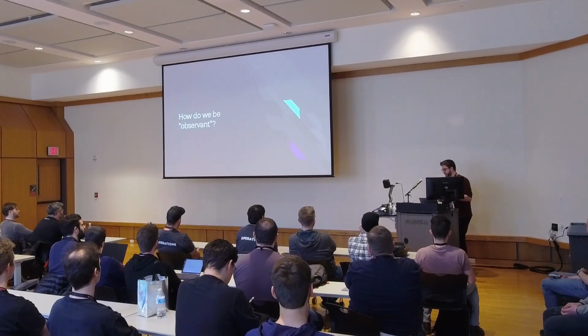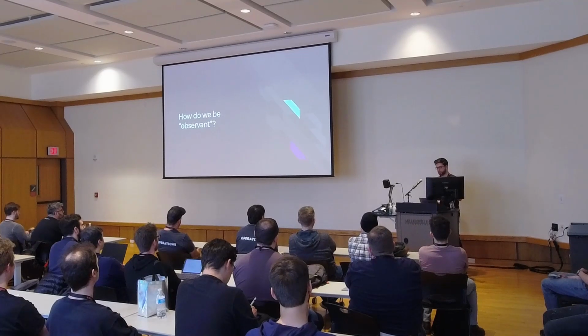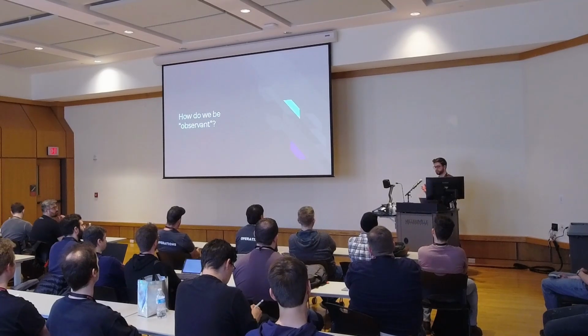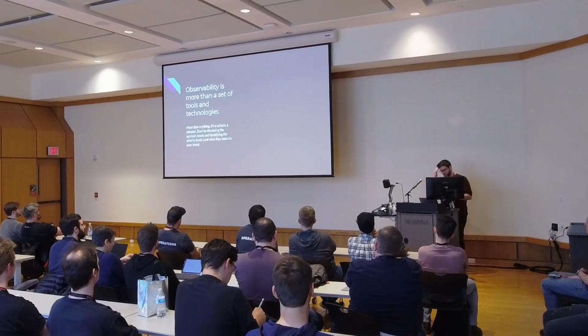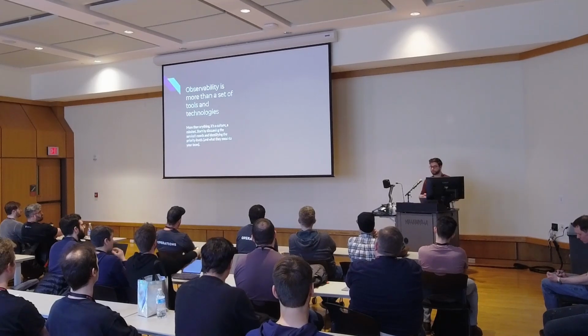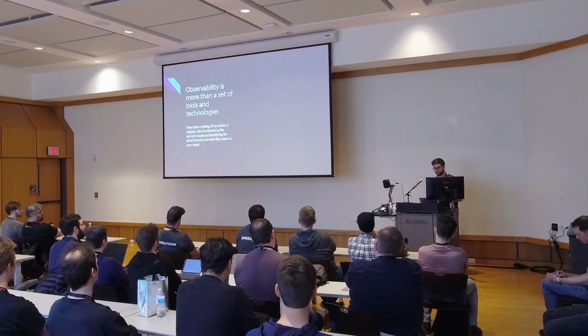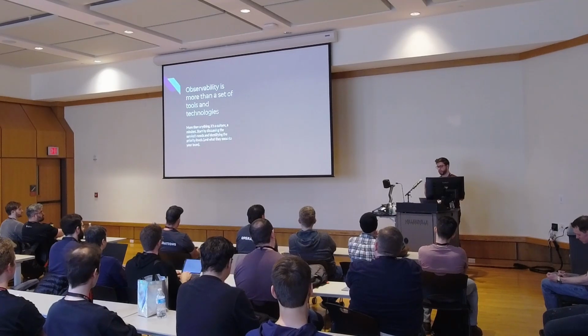So how do we do this? Okay, we know that it's an understanding, we know that it's important. How do we actually do it? As we saw with the quote earlier, it's more than a set of tools. It's a culture and a mindset, right? So start discussing with your teams, with your peers, what is important and what does your application need?